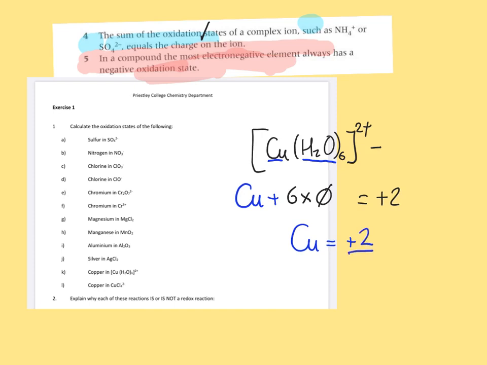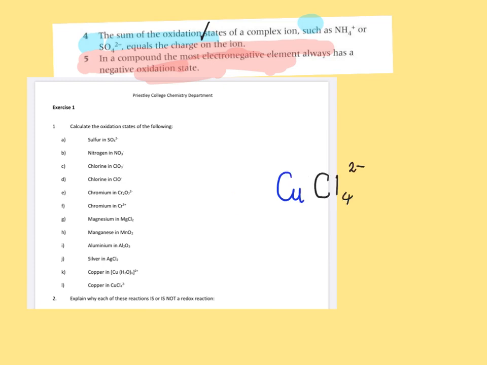Let's do a final one. Copper in CuCl4 2-. The usual rules apply. This time the overall charge on the ion is -2. We're trying to find copper. What do we know about chlorine from our rules?